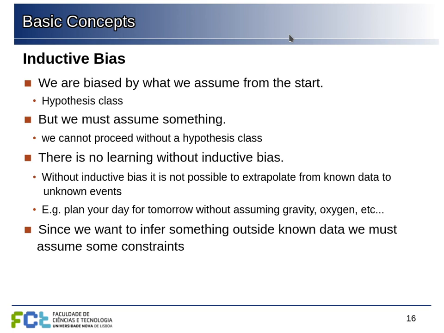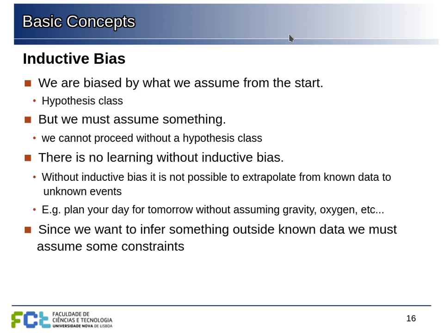And this is easy to see when we consider the assumptions that we need to make in order to plan future events. For example, try to plan your day for tomorrow without assuming anything about gravity, oxygen, whether or not the universe will exist, something like that. This makes it impossible because we cannot take into account all the logical possibilities.